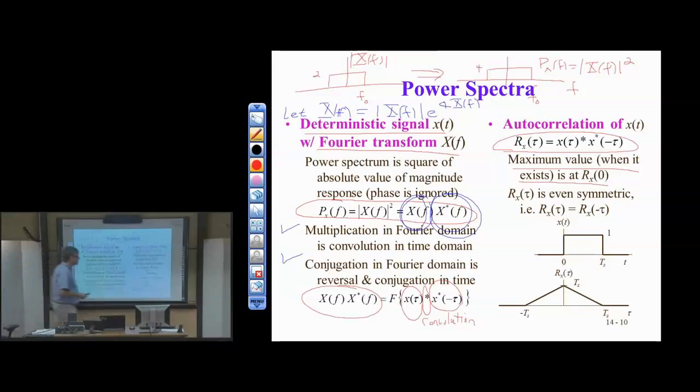Sometimes the maximum value is tough, and when x of tau is a Dirac delta, the maximum value is hard to deal with, as you might guess. So the maximum value here, when it exists, is at the origin, and a property of the autocorrelation is that it's even symmetric, and we'll use this on the next slide to our advantage. So the autocorrelation is even symmetric. It simply means that if I flip in the time domain with respect to the vertical axis, then I get the same thing back.